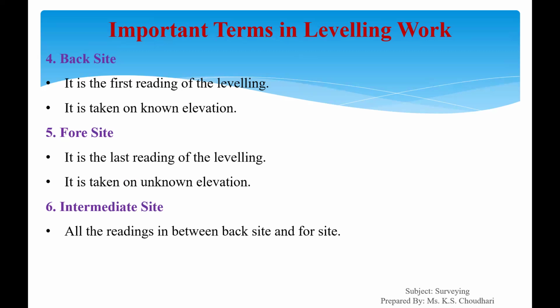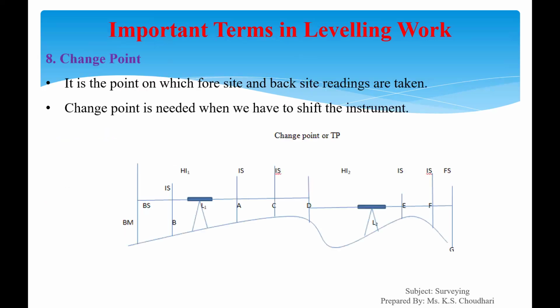All the readings in between backsight and foresight are the intermediate sight readings. Now, the change point. It is the point on which foresight and backsight readings are taken. Change point is needed when we have to shift the instrument.